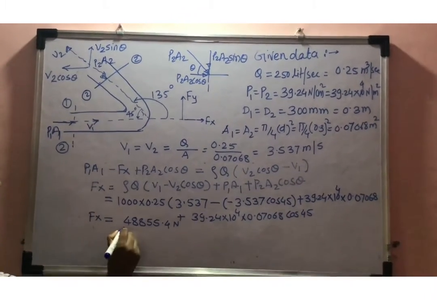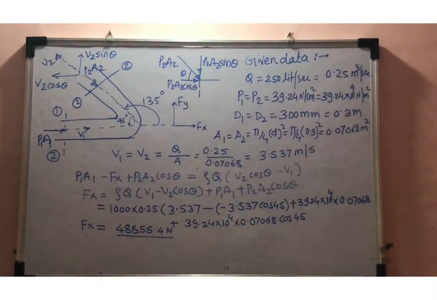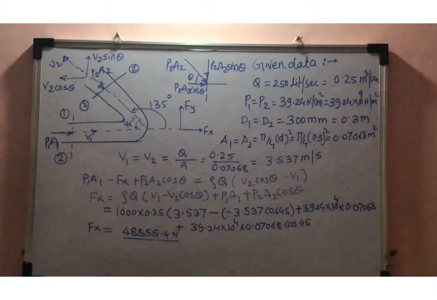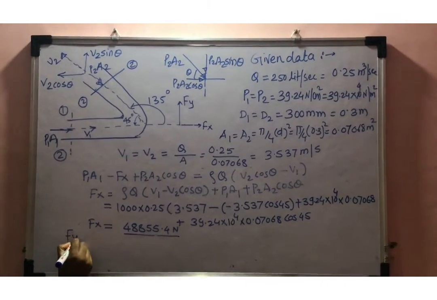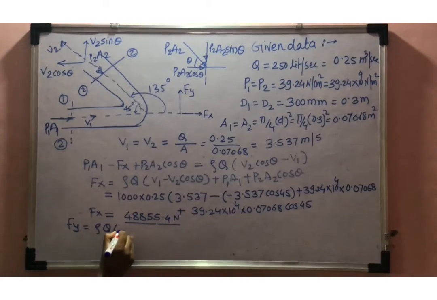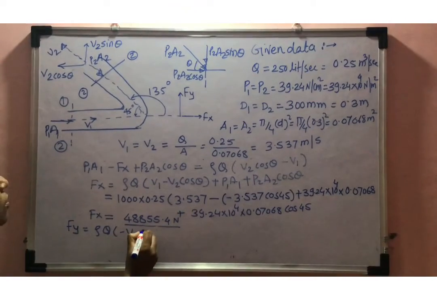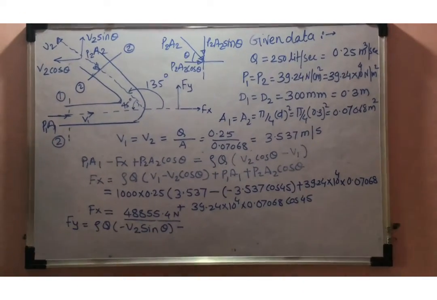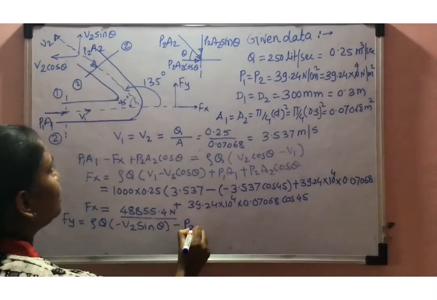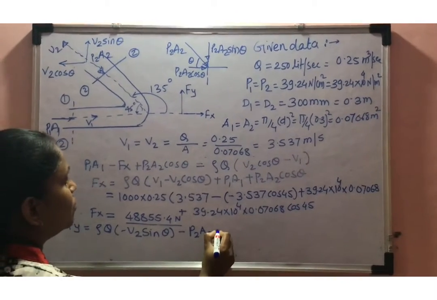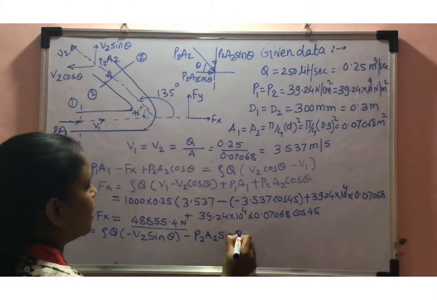Similarly, we are going to find out the force acting along the y direction. After calculating the value of Fx, Fy is equal to rho Q times minus V2 sin theta, minus P2A2 sin theta.